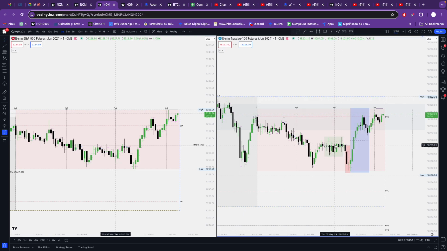And if we're consolidating, then we will expect it could be manipulation or it could just be expansion. But since we have sell side down here, we come and we take that out, and then we distribute going up. And look at what time this is happening, between the quarterly shift, between Q2 and Q3. And then we accumulate, manipulate, and distribute, taking out these highs up here.